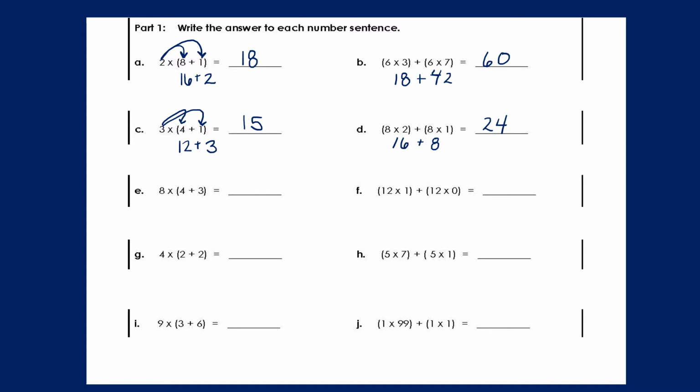Question E, I can do 8 times 4, and that equals 32, plus 8 times 3, and that equals 24. And together that gives us 56.